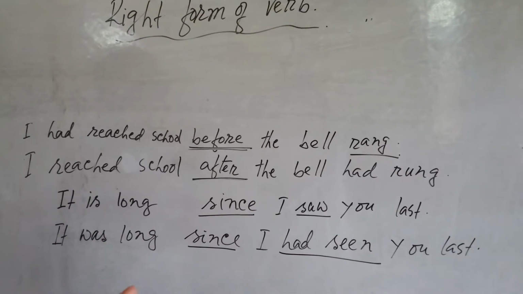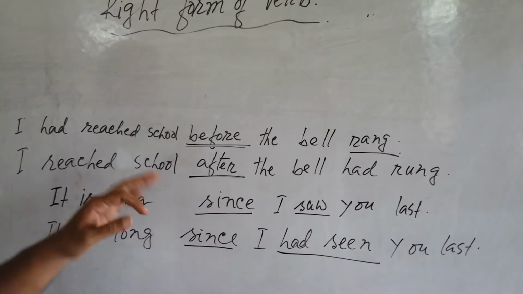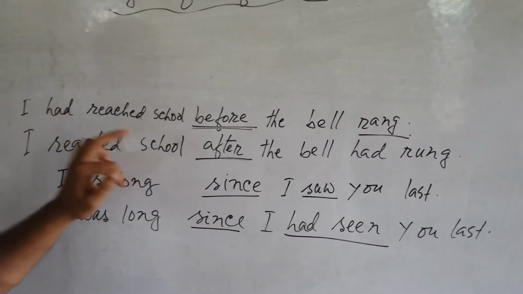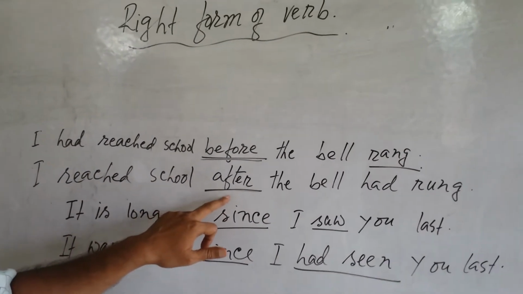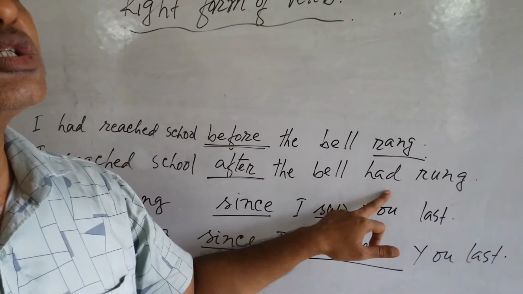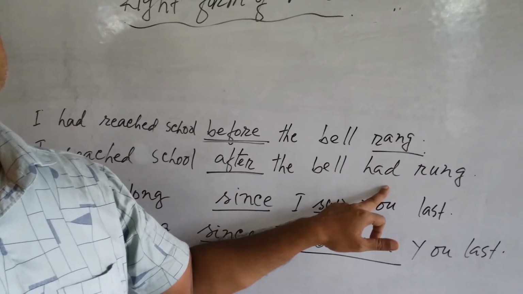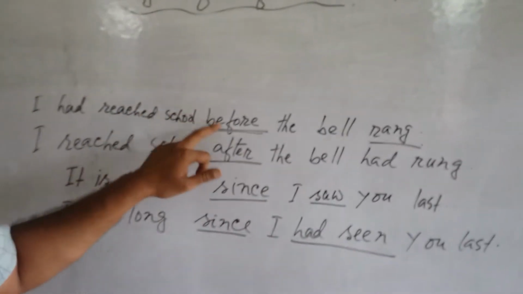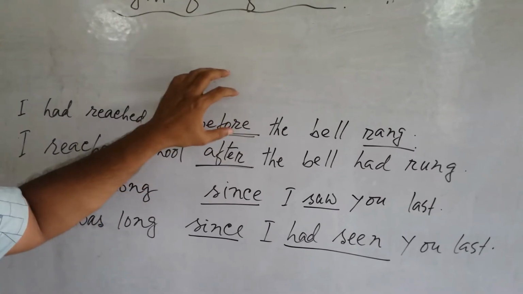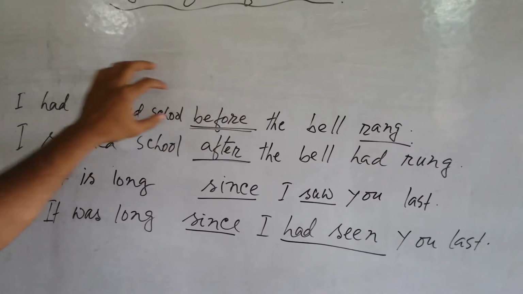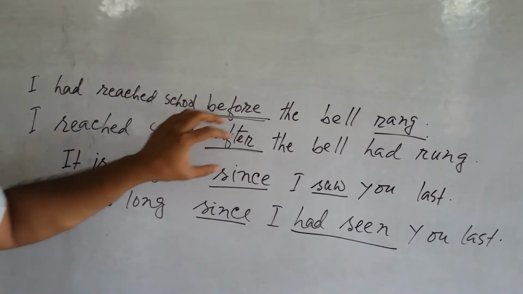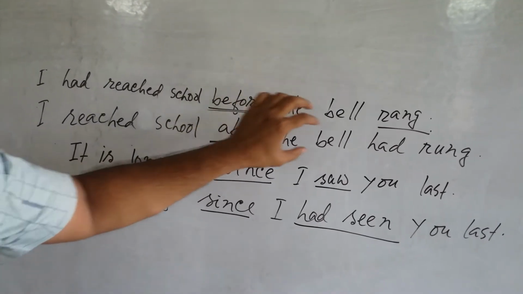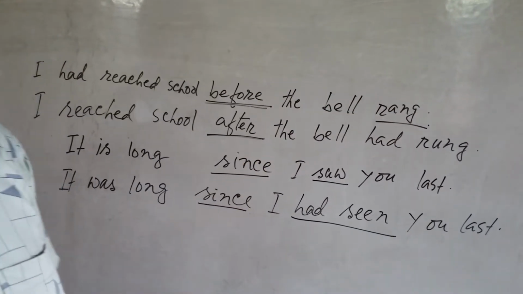So we will just remember that had is used before "before", and had is used after "after". It means we will use had before "before". There is a "before", so we will use had before. There is the conjunction "after", so we will use had after it.